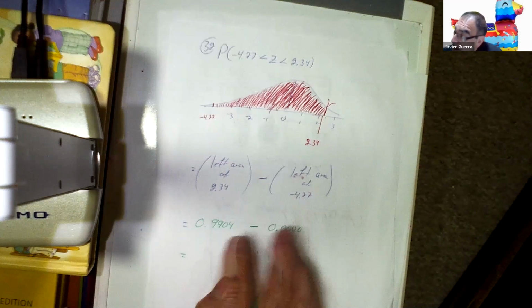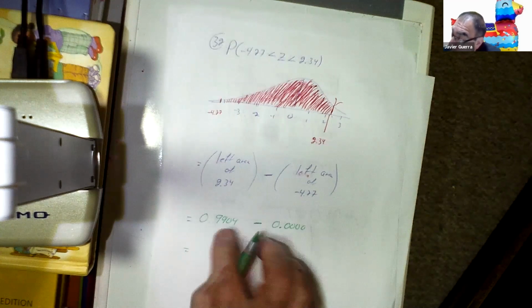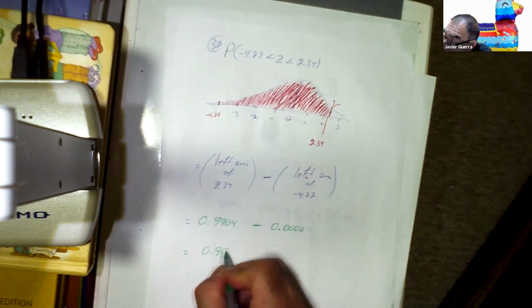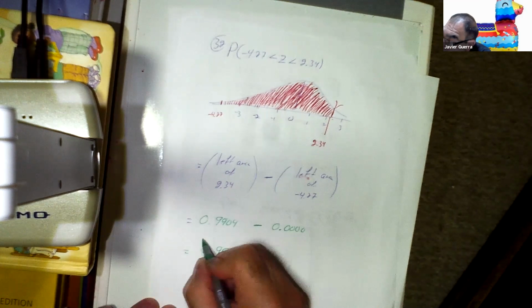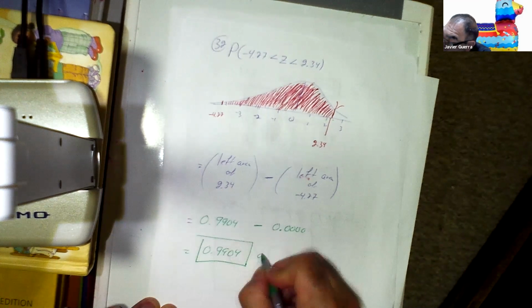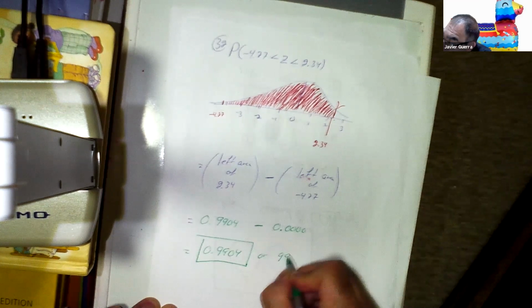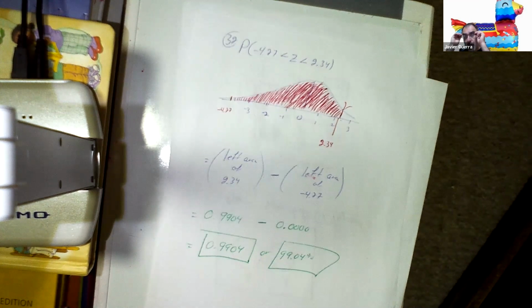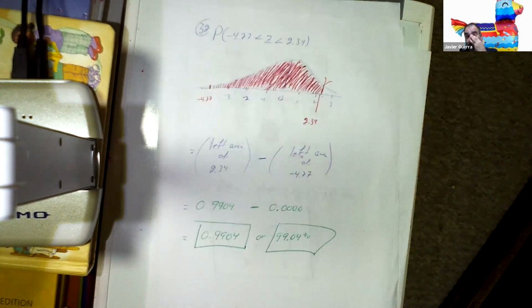That minus that is that number, 0.9904. Either way is correct. So there's your 32, madam. 32.